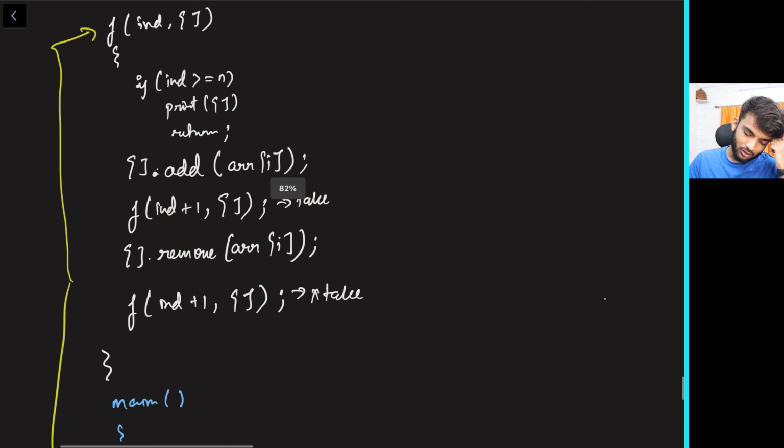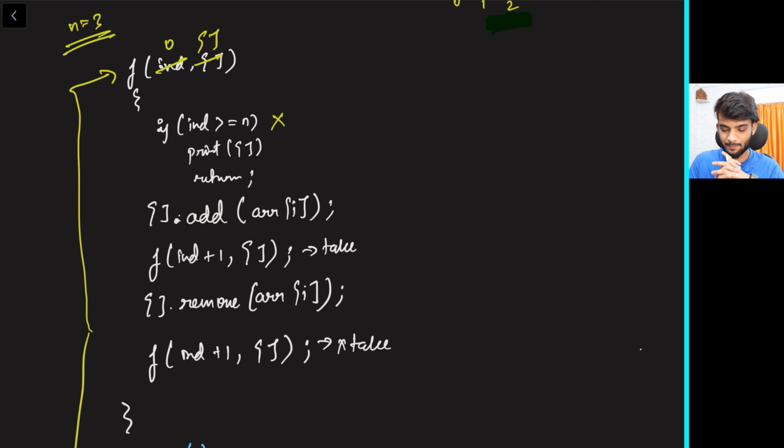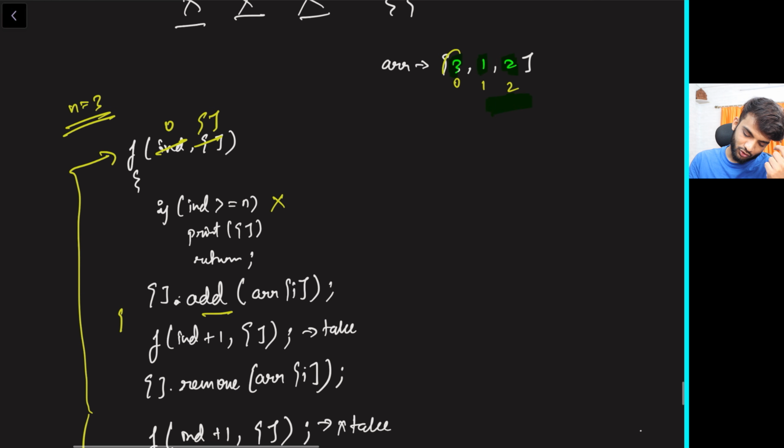Whenever this is called, the index value is 0 and this is an empty array. This base case line is not executed because n is 3, since the size of the array is 3. Next, you say in the array add it. So your array will now contain the first element, which is 3.